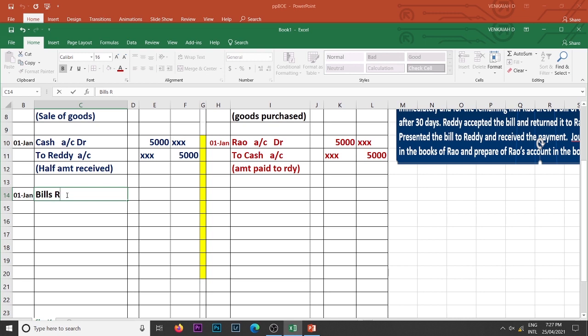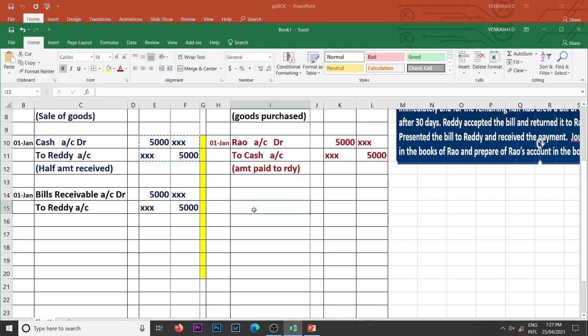Bills receivable account is debited, received from Reddy, to Reddy's account, for the remaining half amount, which is 5,000. BR stands for bills receivable, received.